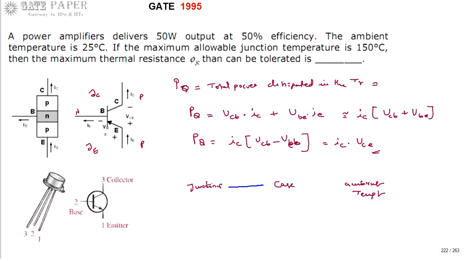So heat energy is transferred from the junctions to the case and from the case to the ambient temperature. The process of transferring the energy of the atoms from a heated region towards the adjacent cooler region is called conduction.